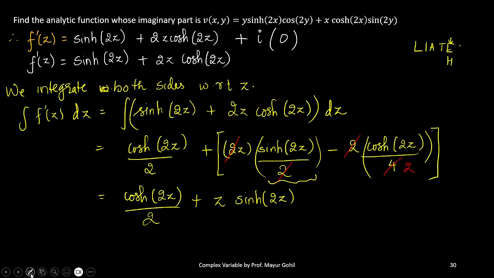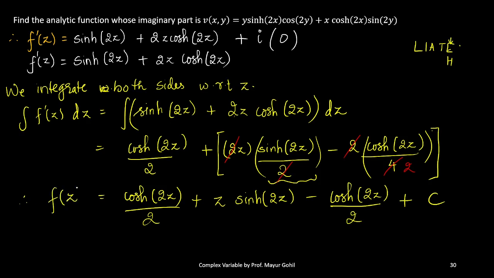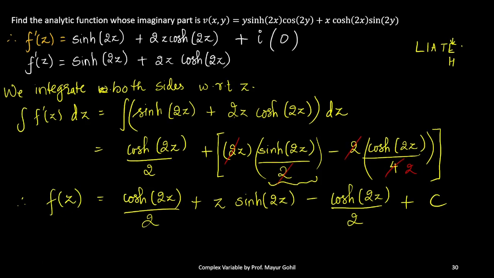Okay, so the final thing we get is minus of cos h 2z divided by 2, and the final thing we need to add is plus c, the constant of integration, and therefore this is my function.